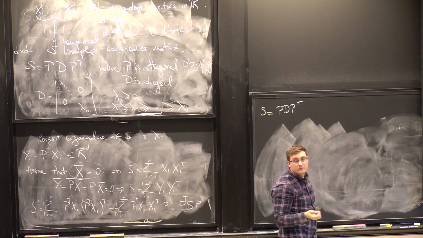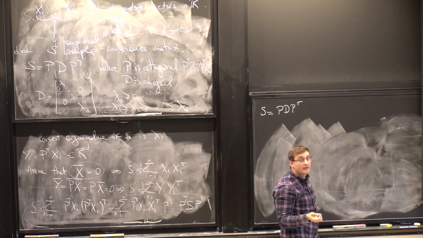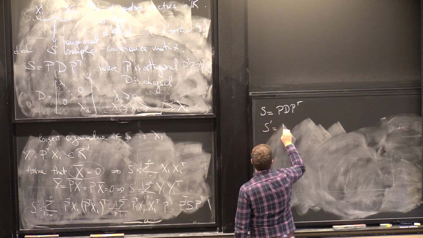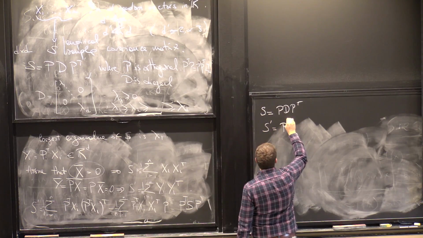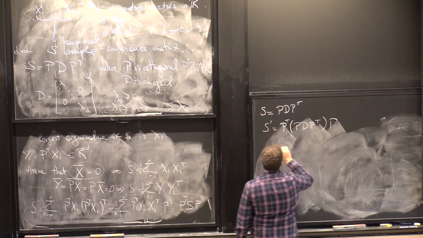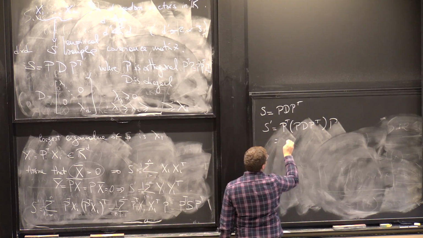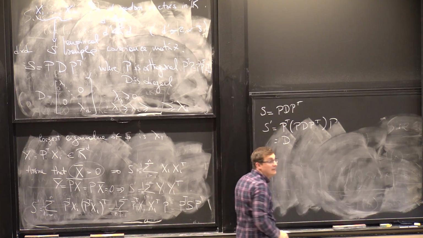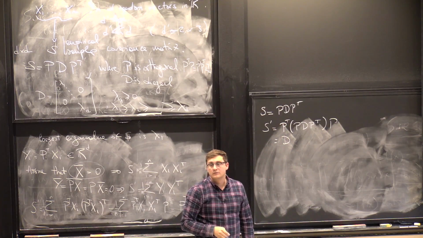That's the spectral decomposition, my eigenvalue decomposition, which means that now if I look at S prime, it's P transpose times P D P transpose P. But now P transpose P is the identity. So this is actually just equal to D. Okay?